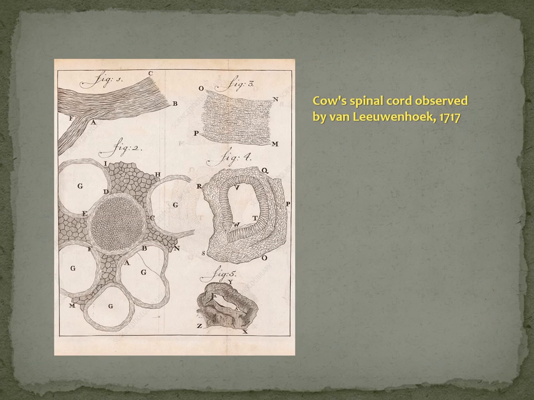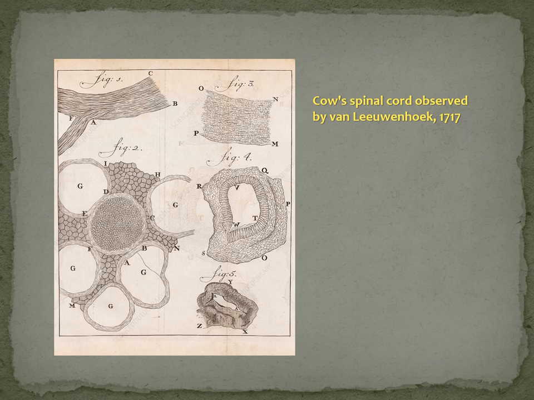And here we can see another good example of the observations registered by van Leeuwenhoek in the year 1717. In this case, the spinal cord of a cow, described with great detail.